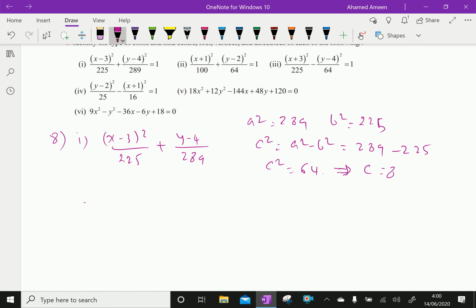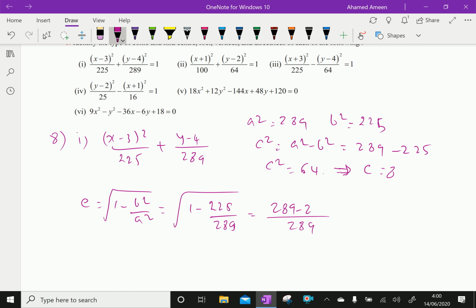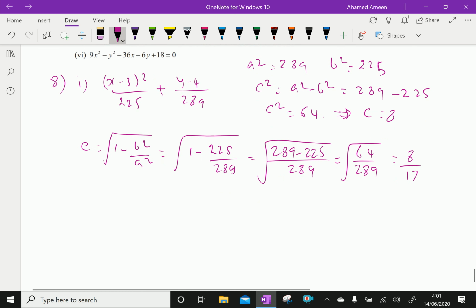Now we know that eccentricity is square root of 1 minus b square over a square, which is equal to square root of 1 minus 225 over 289, equal to 64 over 289 under the square root, equal to 8 over 17, because square root of 289 is 17, square root of 64 is 8.